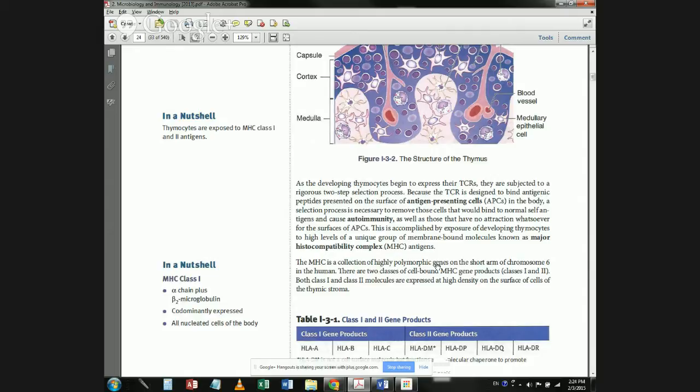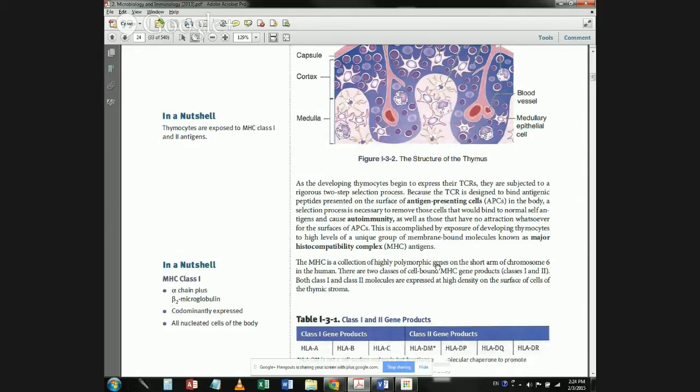There are two classes of cell-bound MHC gene products, classes 1 and 2. Both class 1 and class 2 molecules are expressed at high density on the surface cells of the thymic stroma.